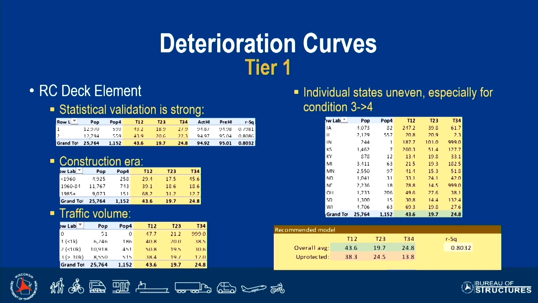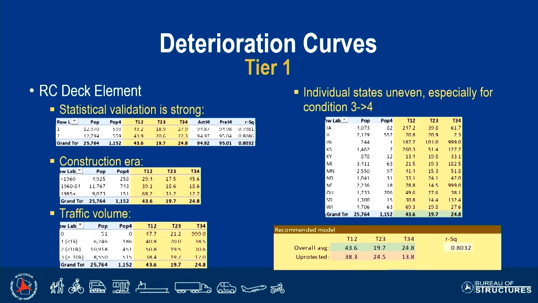So the key numbers in these tables are T12, T23, T34. So that first one, T12, that's the average number of years it takes for 50% of condition state 1 quantity to move to condition state 2, and then so on down the line.